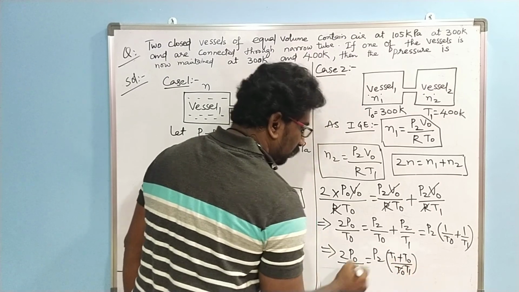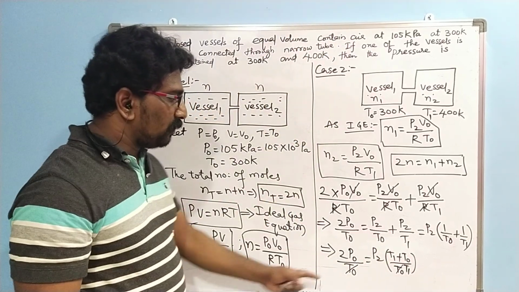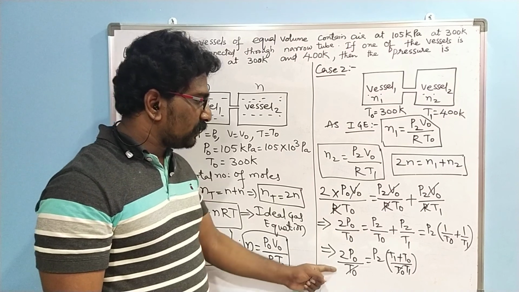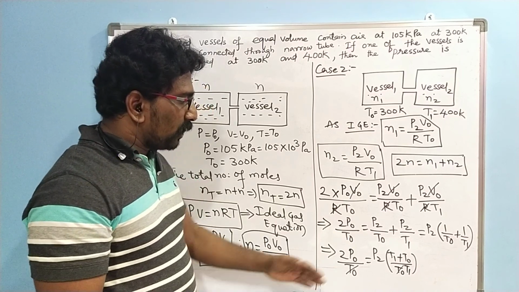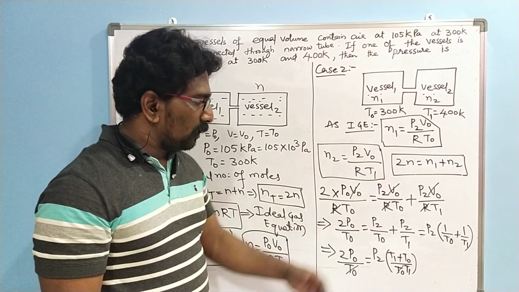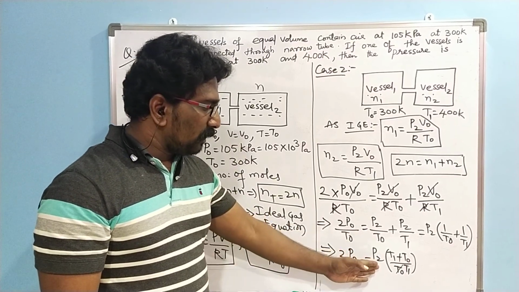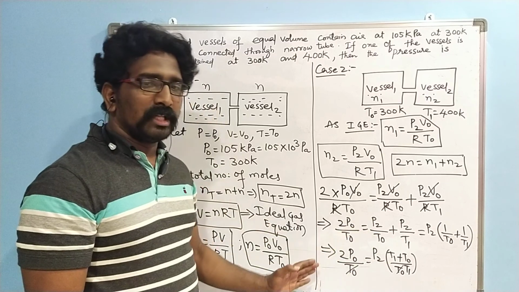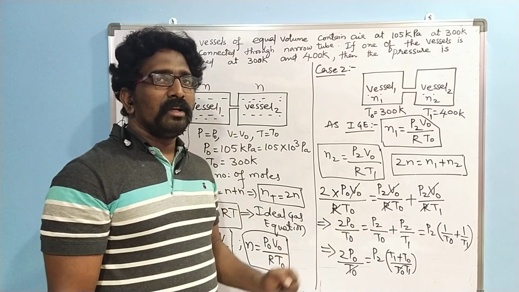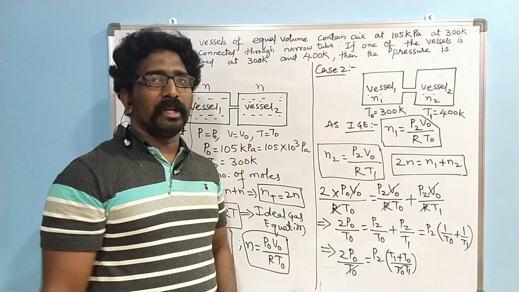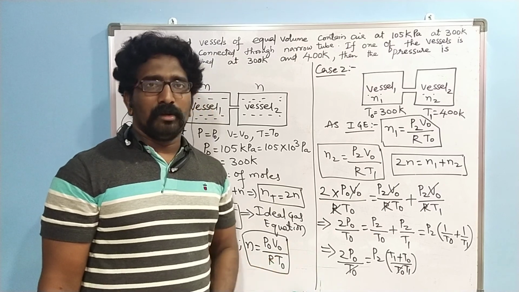T naught and T naught will get cancelled. Now let us see what happens further. If you bring P2 on one side and all the other terms on the other side, we will get the solution for this numerical. Now we will substitute the values.